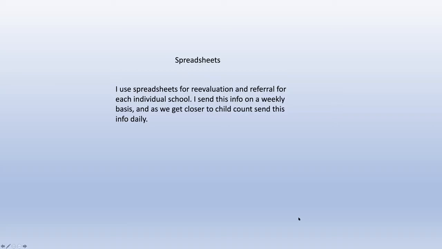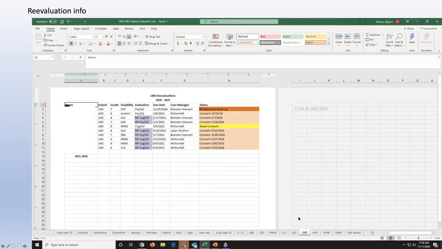The first one I'm going to show you is my master reevaluation list that I send out quite frequently to my teachers. If you'll notice on this page, this is for one of my schools and I've taken out the names of my students.